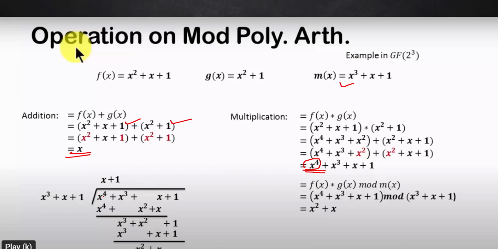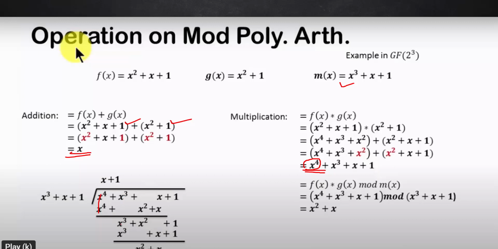How to perform it? x raised to 4 plus x cube plus x plus 1 is divided by the irreducible polynomial given here, that is x cube plus x plus 1. While dividing this, first x into x cube is x raised to 4, x into x is x square, x into 1 is x. Consider these two, these are additive inverses, so they cancel each other.